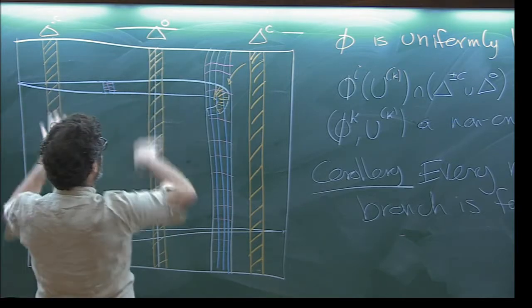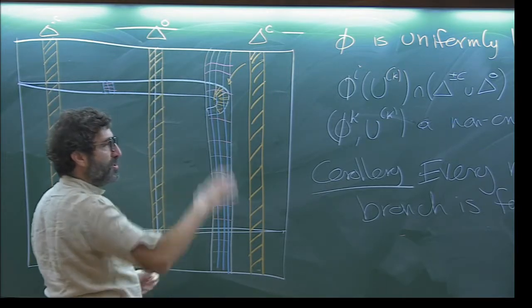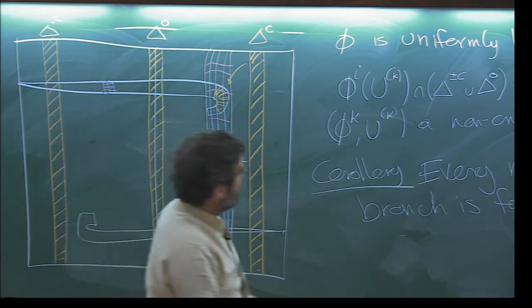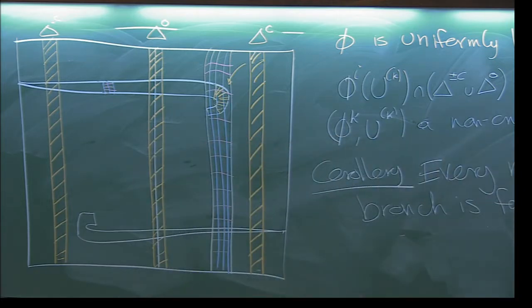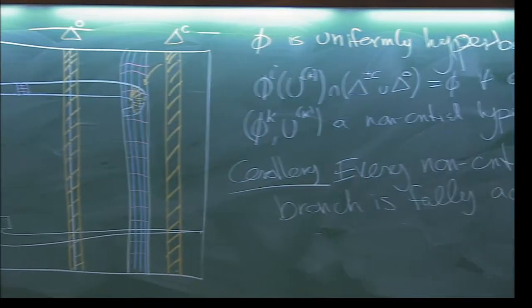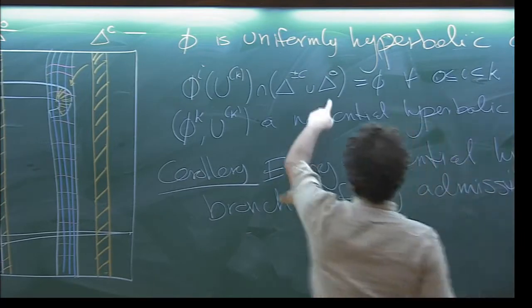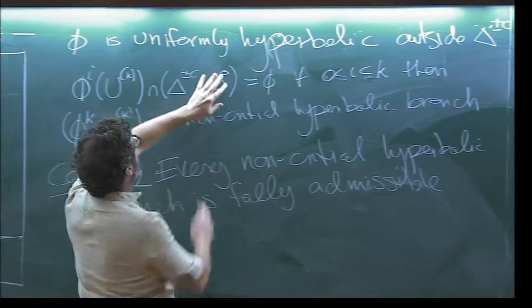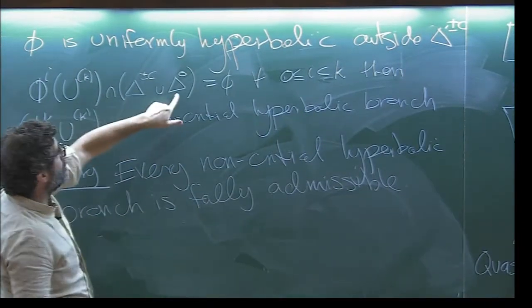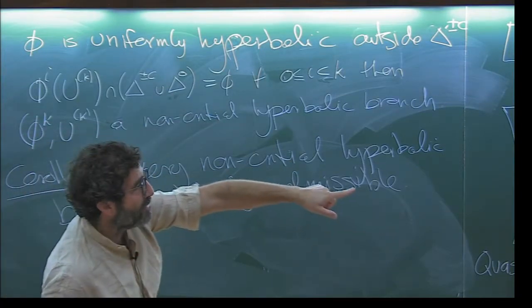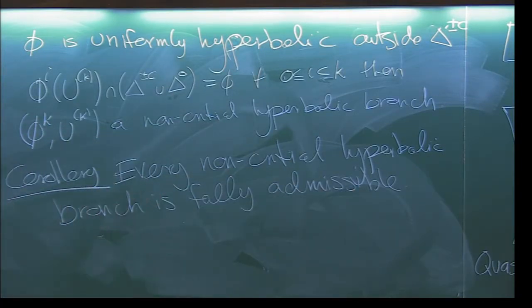Everything works well outside delta C and delta 0. I should have said that these conditions are satisfied outside delta C and delta 0. The property actually holds everywhere outside delta C, but I've assumed outside delta 0 to make sure that we satisfy condition 2 of the hyperbolic branches.